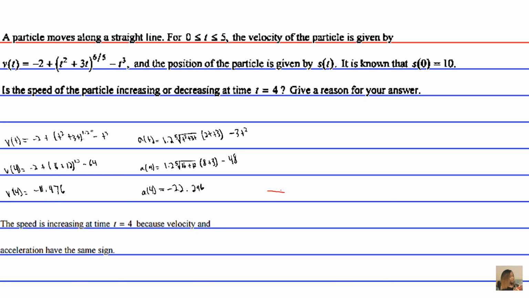Because they're going in the same direction, they might not be going in the positive direction. They could be going to the left. So this little arrow right here could represent the velocity, and this could represent the acceleration. It's like putting your car in reverse and then stepping on the gas. Like your velocity is increasing just fast.